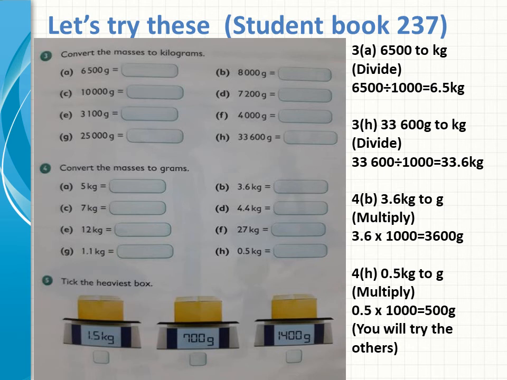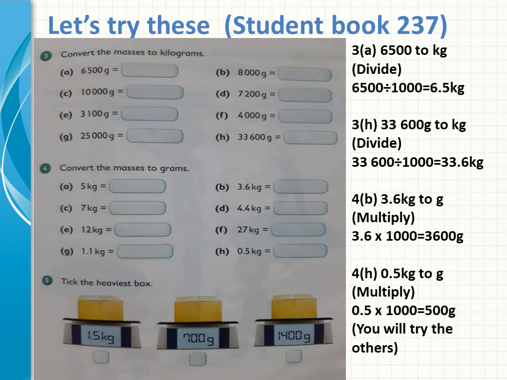You can convert all to kilogram or you convert all to gram. But I would like to convert everything to gram. 700 is in gram. 1,400 is in grams. So I have to change 1.5 kilograms to grams.